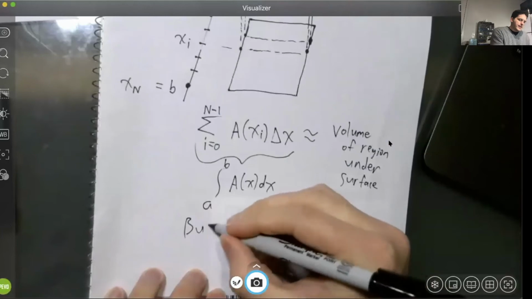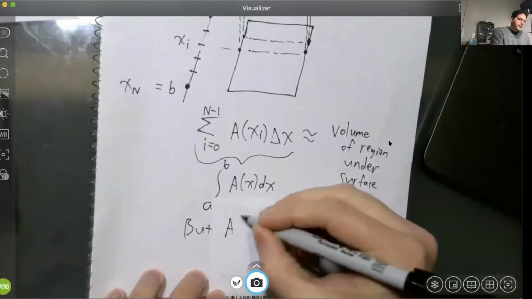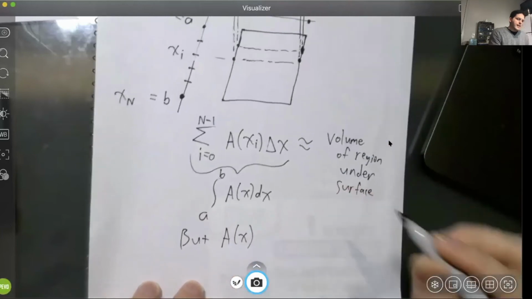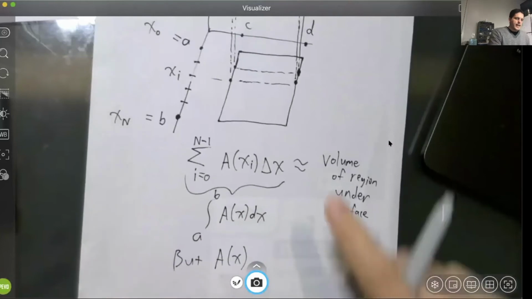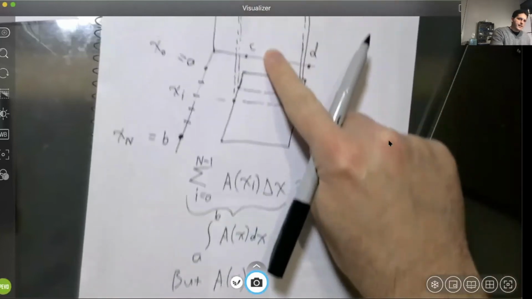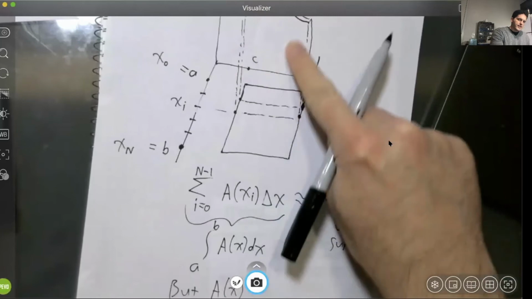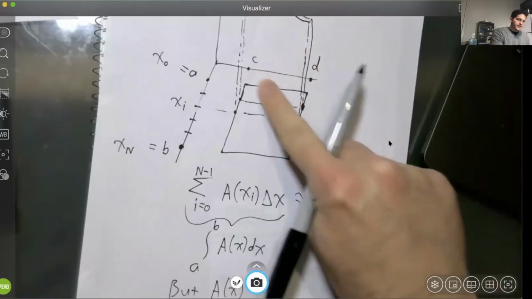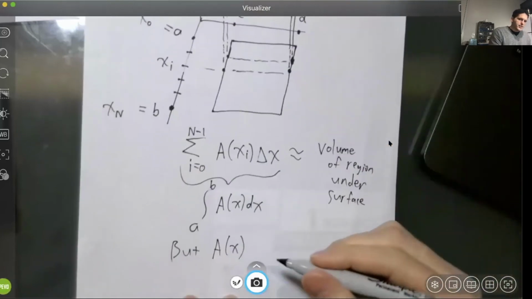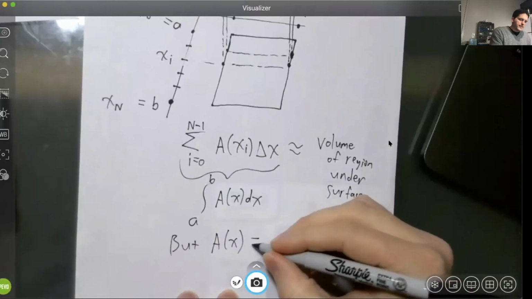Okay, but how do we compute A of x? Well, how do we compute this area, the area of this face of the slice? Well, that's just a problem from single variable calculus.